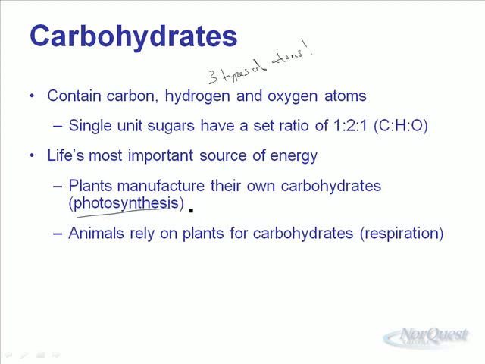When plants do photosynthesis, they make their own carbohydrates, they make glucose, and the glucose can be used to make a carbohydrate. Animals, on the other hand, rely on plants for their carbohydrates. So we have to either eat a plant or eat another animal in order to gain the sugars in their body and do cellular respiration.